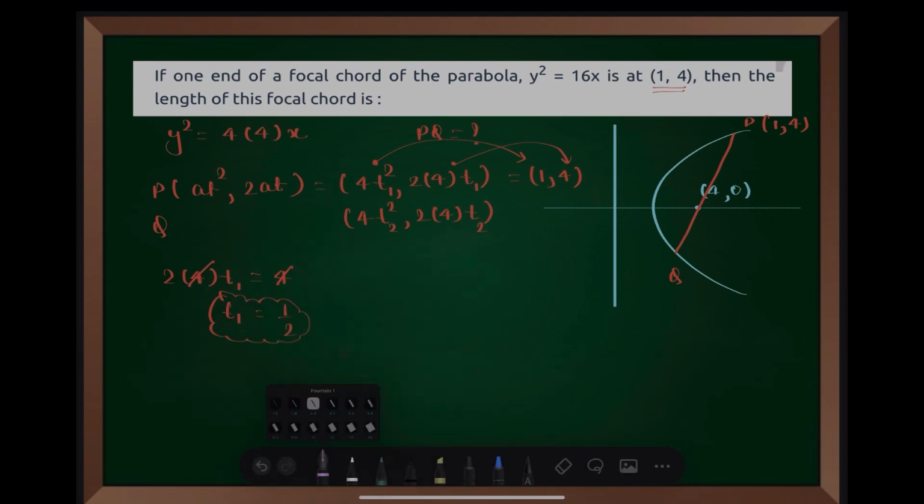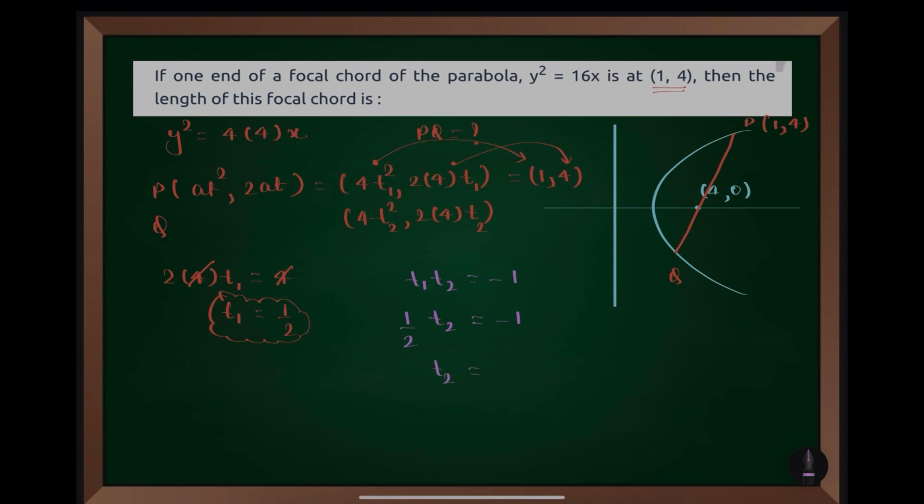Now you also know the relationship between the parametric coordinates of a focal chord when the parabola is right side opening is t1 t2 equals minus 1. So t1 is what? 1 by 2, and t2 is what? Minus 1 equals minus 1. So t2 will become what? Minus of 2.